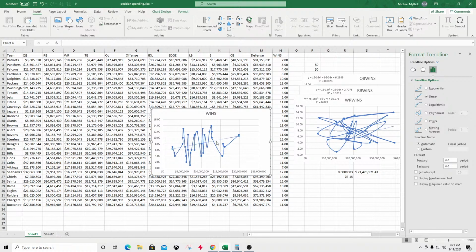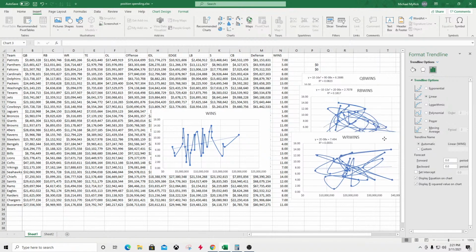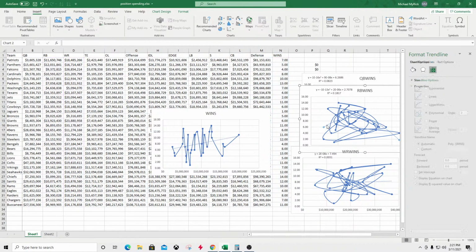Basically, the more money you spend on your tight end, the better. There's a clear upswing. See, if we look at the linear, the linear says the more money you spend on your running backs, the worse you are.